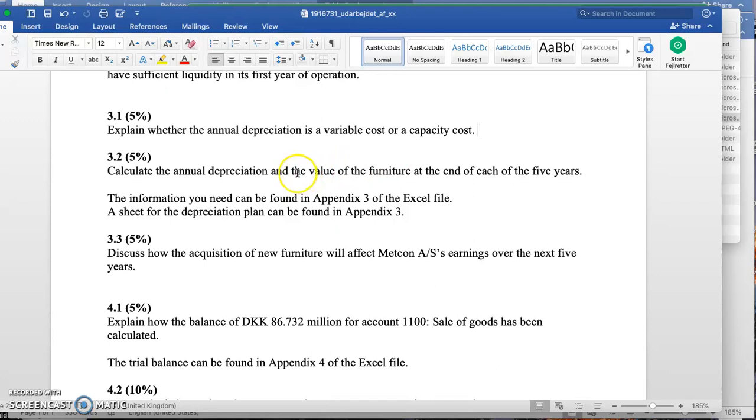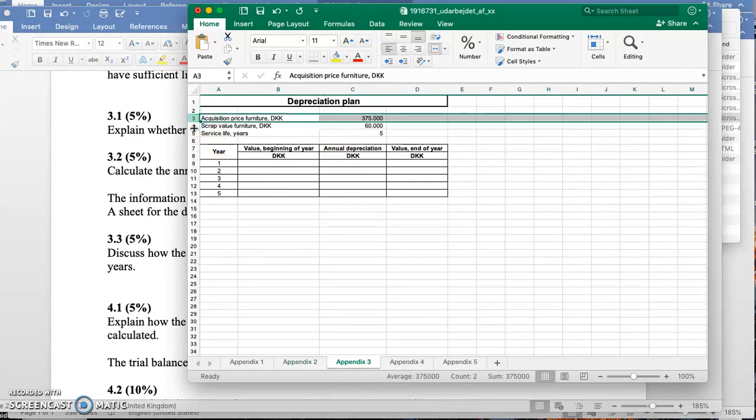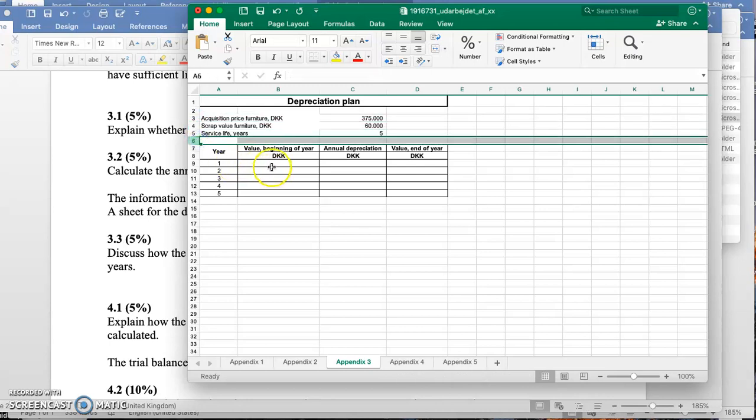Calculate annual depreciation and the value of the furniture at the end of 5 years. So here, acquisition price, scrap value, and service lifetime, value at the beginning of the year, annual depreciation and value at the end of the year.